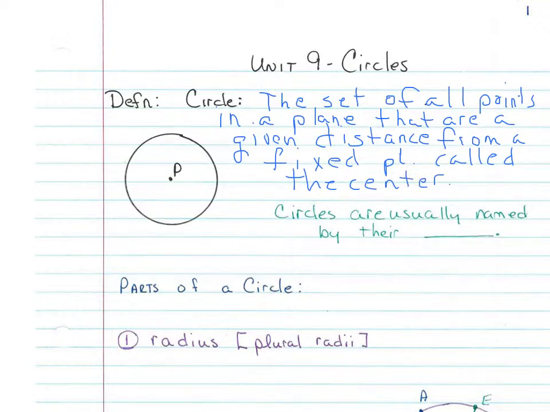Circles are usually named by their centers. So we would call this one circle P.